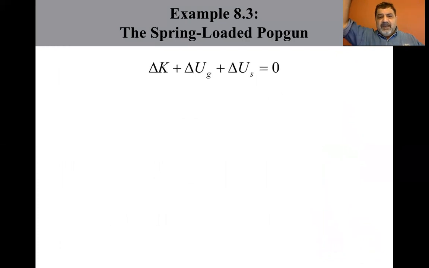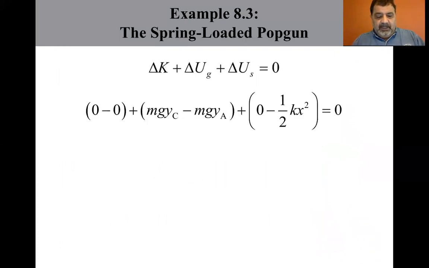When it reaches the top of its flight, the kinetic energy is 0. So again, because the projectile starts from rest and its initial kinetic energy is 0, we choose the 0 configuration for the gravitational potential energy of the system to be when the projectile leaves the spring at B. For this configuration, the elastic potential energy is also 0.